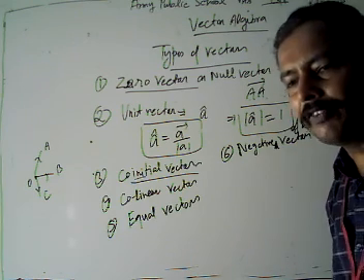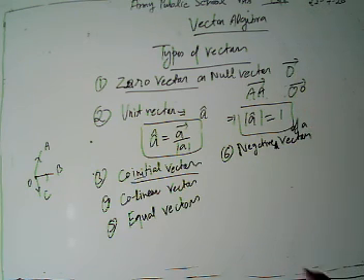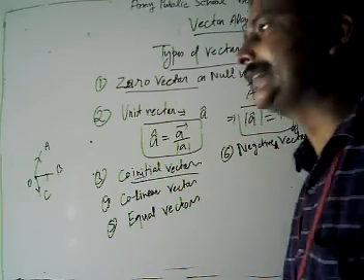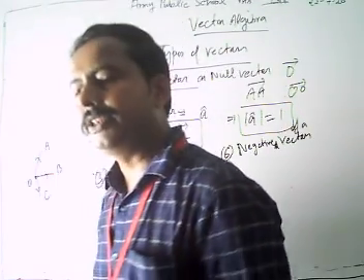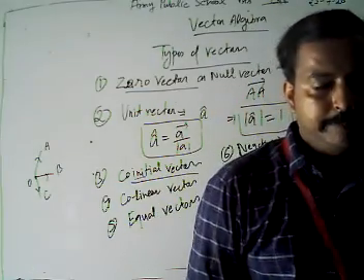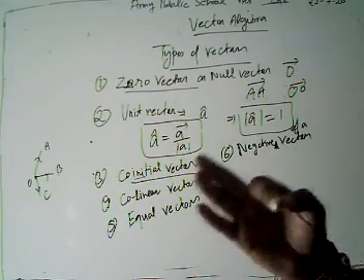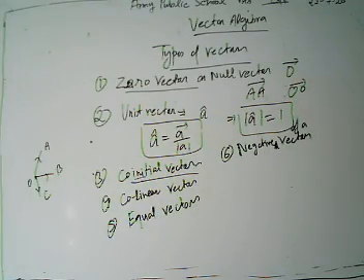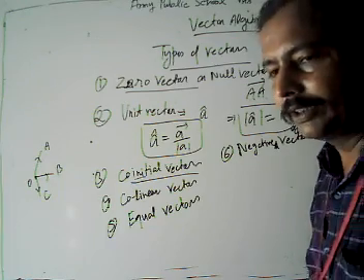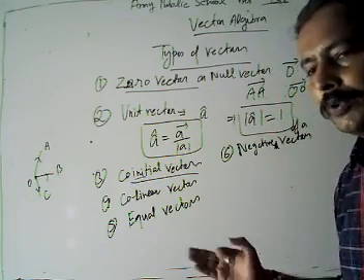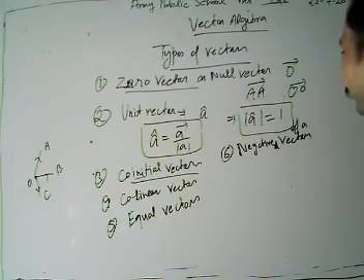What is the negative of a vector? It is a vector whose magnitude is the same, but it has a direction opposite to a given vector. A vector having a direction opposite to a given vector is known as the negative of a vector.